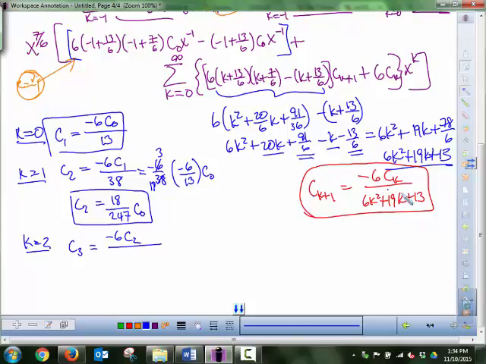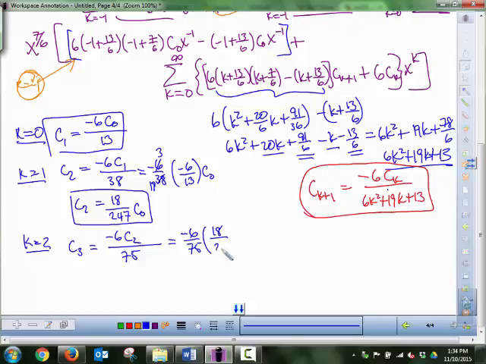Ah, lost it. Can you guys tell me? What is it? 75? So that's negative 6 over 75, and that gets multiplied by c sub 2.